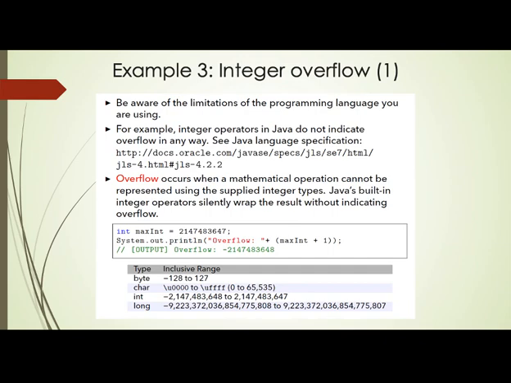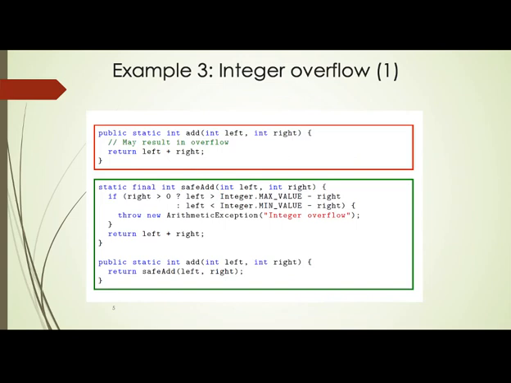Now, one way of dealing with the integer overflow error correctly is to implement a safe addition, similar to the safe division that we saw before. The code snippet above in the red box is how you shouldn't implement it. The code snippet in the green box is the correct way of doing it.